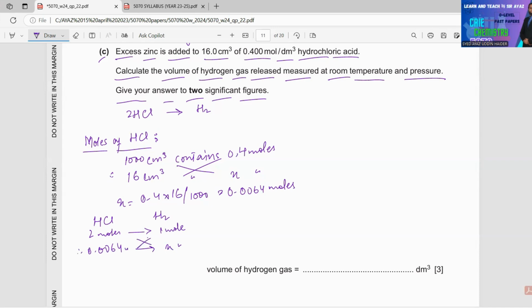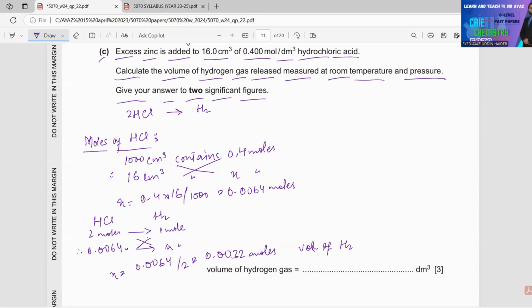Do the cross, it will become X is equal to 0.0064 divided by 2, which becomes 0.0032 moles. Now, in order to get the volume of H2, they have mentioned room temperature and pressure.